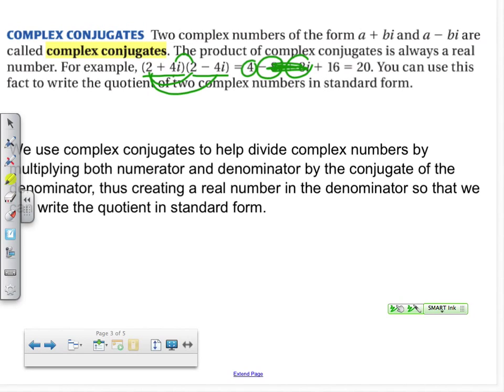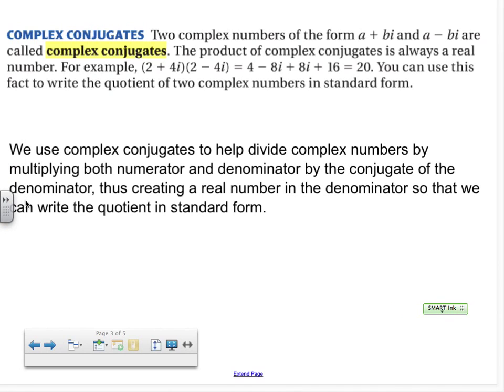And then negative 4i and 4i is negative 16i squared. i squared is negative 1, so that ends up being 16. So really we end up simplifying to 20. So we took here two complex numbers and multiplied them, and we got a real number. And this is important because it allows us to write the division of complex numbers in standard form.